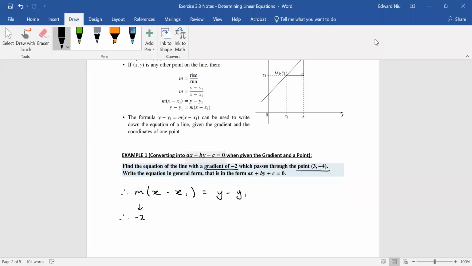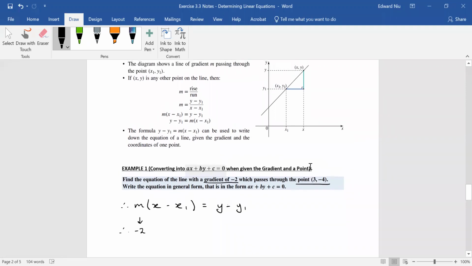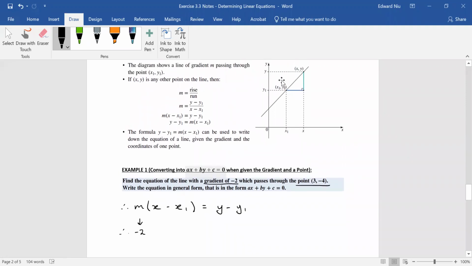It means we have one point, but not any other point at the moment. So the point 3, -4 is our x1 and y1 value. If we plug that in, x1 is the x value in the coordinate, which is 3, and it equals y take away the y1 value of -4.